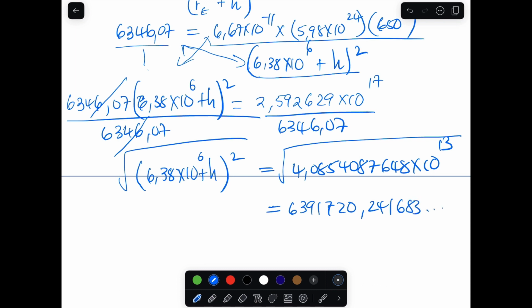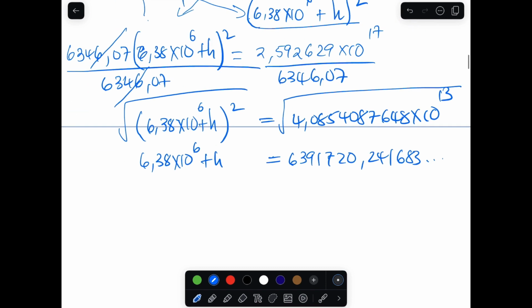You keep that in the calculator. So this side you have 6.38 times 10 to the power 6 plus h. And then you say h is equal to this answer minus 6.38 times 10 to the power 6.